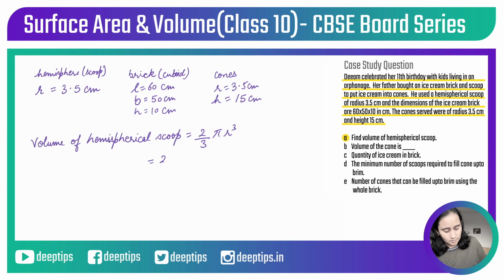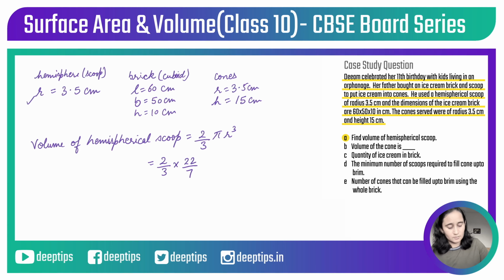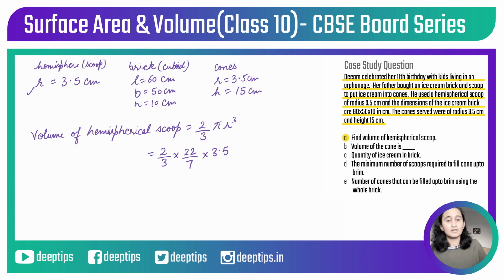Now if I substitute the values here, because I have already written r equals 3.5 centimeter. If you write the information like this, it looks very organized. And the value of pi, we can take as 22 by 7 because I know 3.5 is given and it gets cancelled out with 7.